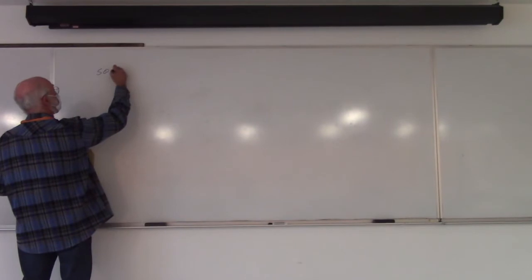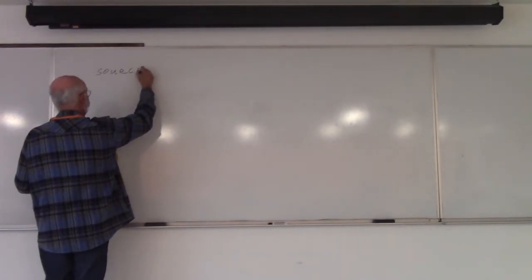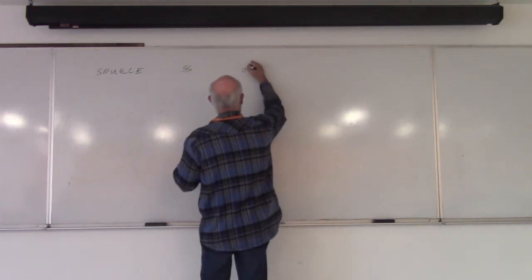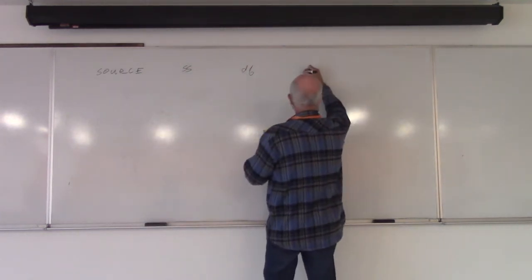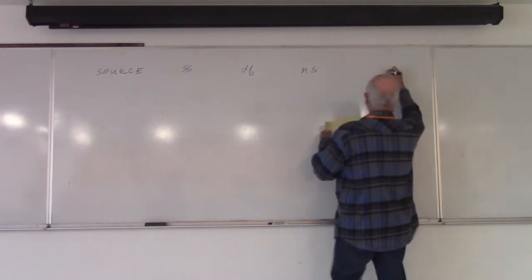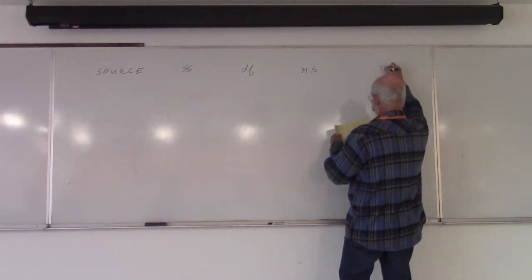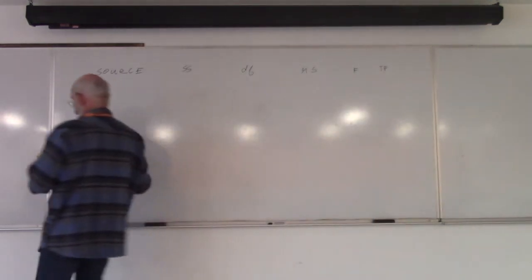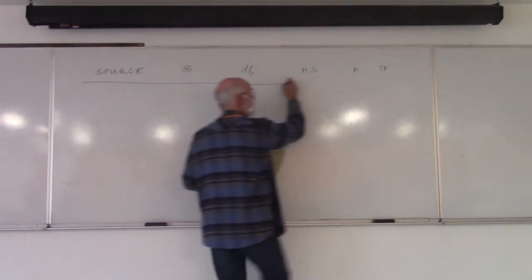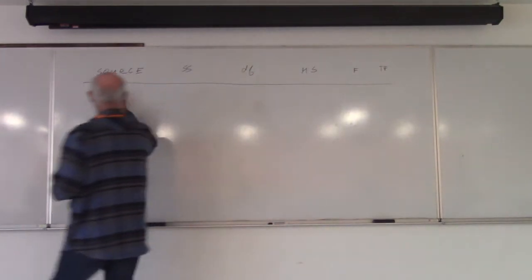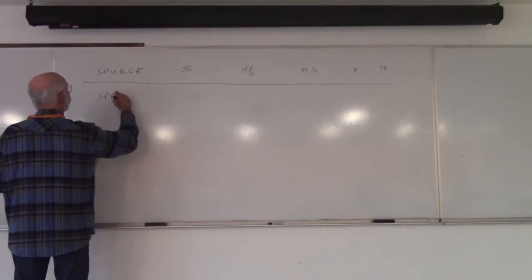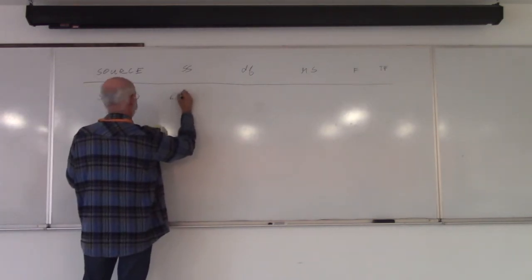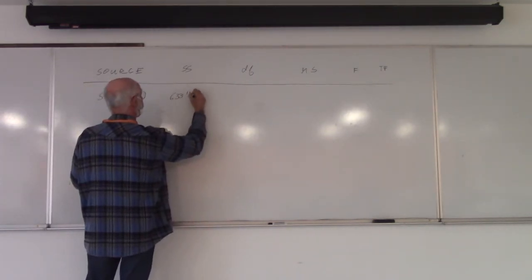So here's source, and then I'll show you what happens. Sum of squares, degrees of freedom, mean square, and then tabled F and computed F. All right? So spray is 633.402.